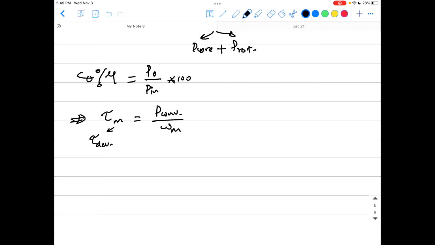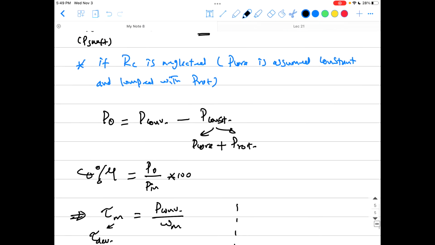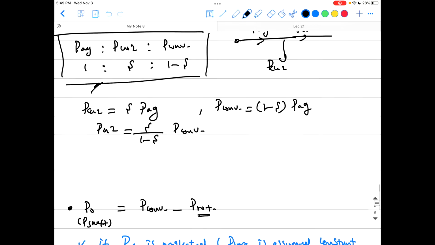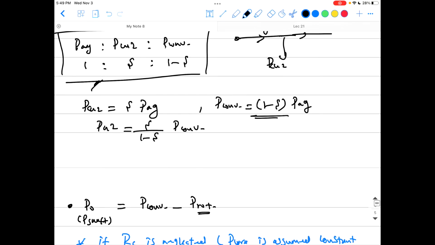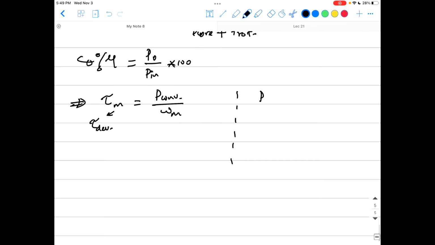But because we know this, I'll just give you this hint here. Remember when I said that the converted power is (1 minus S) times P air gap? And the slip equals (Ns minus Nm) over Ns.